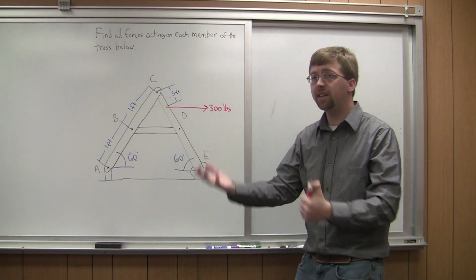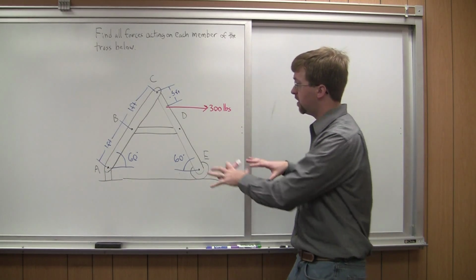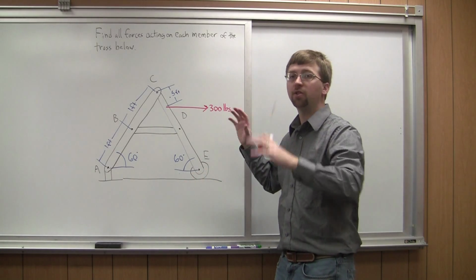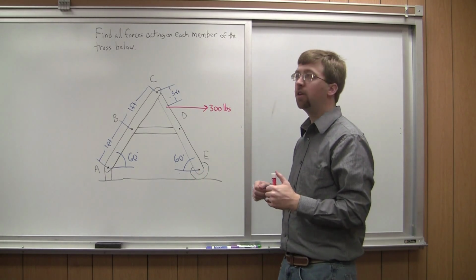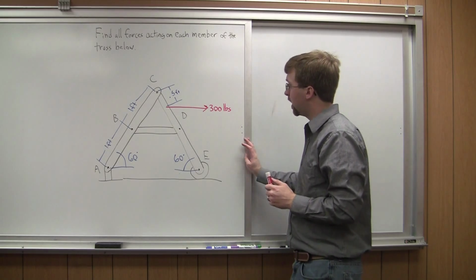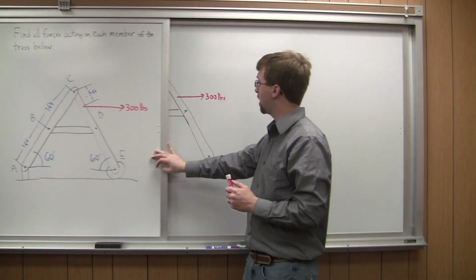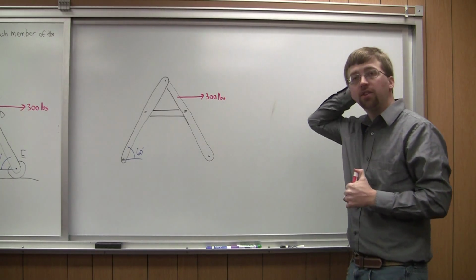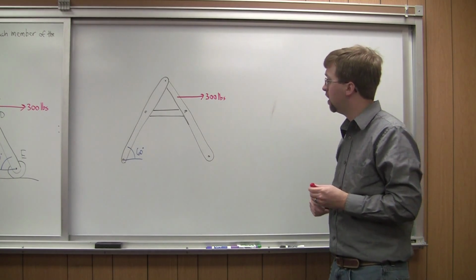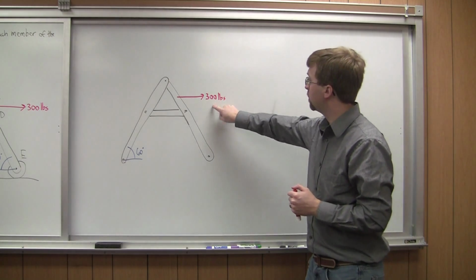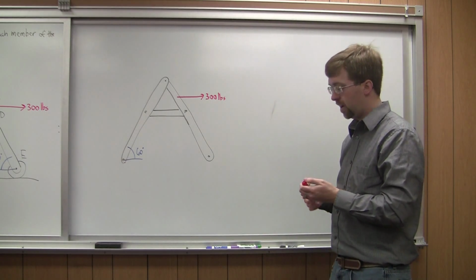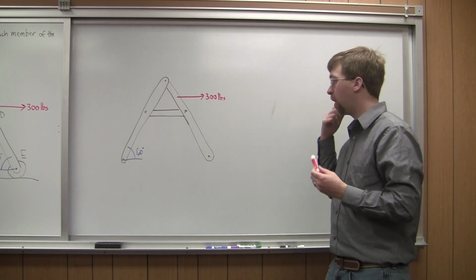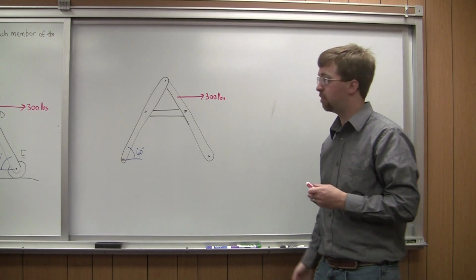So this thing is independently rigid. That means if I separate it from the base, it's still a rigid structure. I can't move parts independent of one another, so I can analyze this as a rigid body. What I've done here is draw out the start of my free body diagram. I still have that 300-pound force, and now I'm going to look at where I have external forces acting on my A-frame.